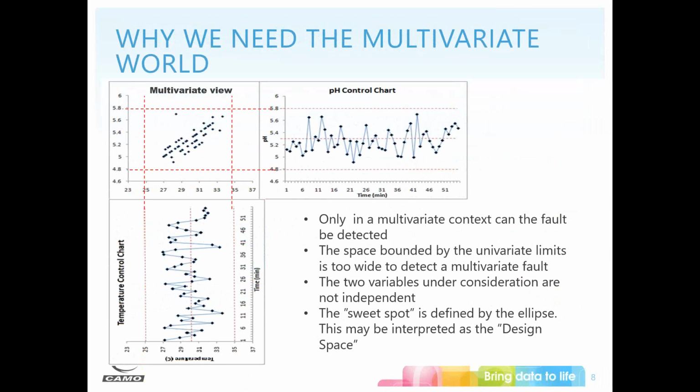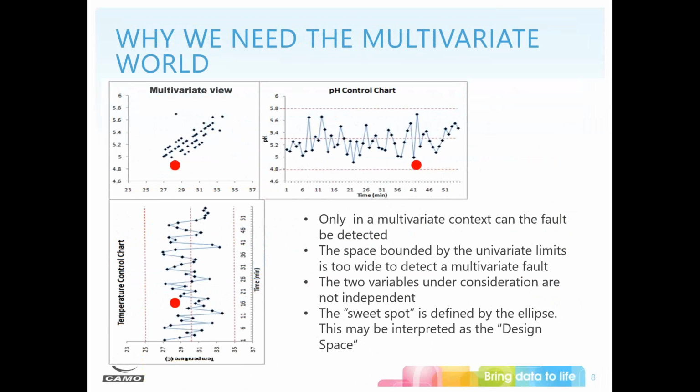If we have only extended our univariate limits around there, it is not highlighted. It's too wide to detect a multivariate fault. And this happens a lot when your two variables under consideration are not actually independent of each other. When one changes, the relationship with the other one is affected as well.